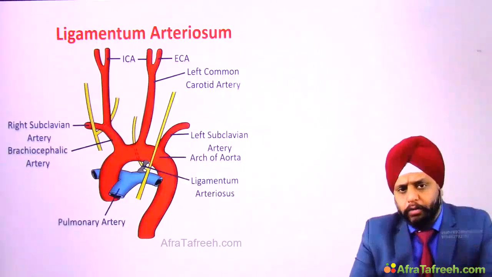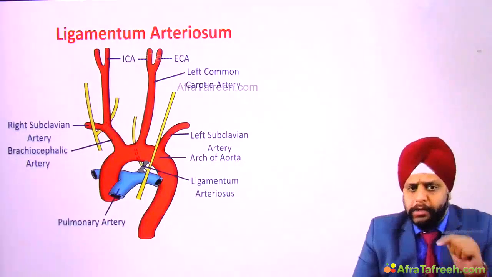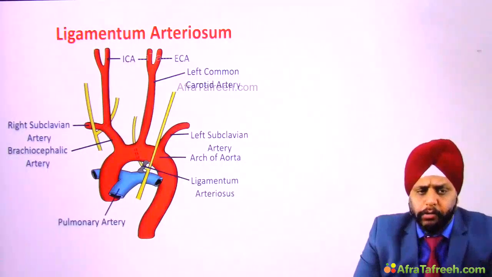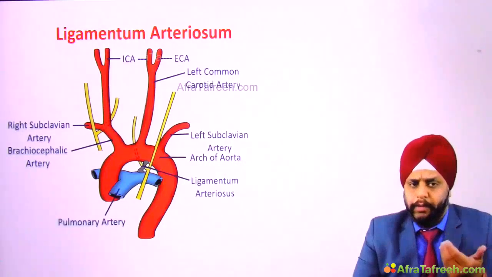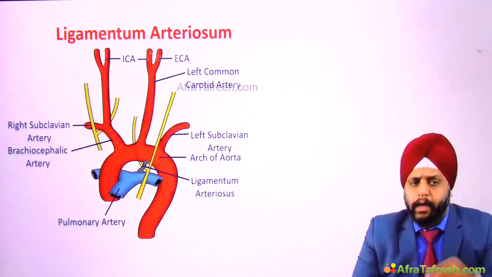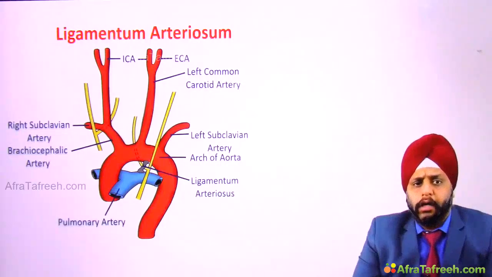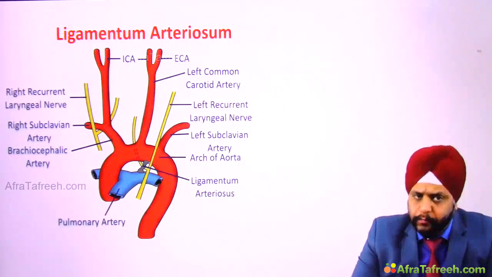It takes a turn around the arch of aorta; actually, it is taking a turn around the ligamentum arteriosum and it comes back. It has a longer course. Whereas on the right side, the right recurrent laryngeal nerve takes a turn around the right subclavian artery, right?